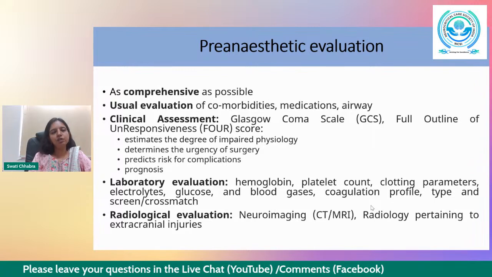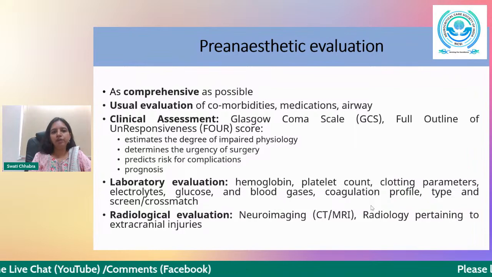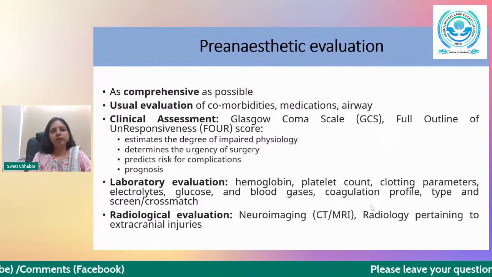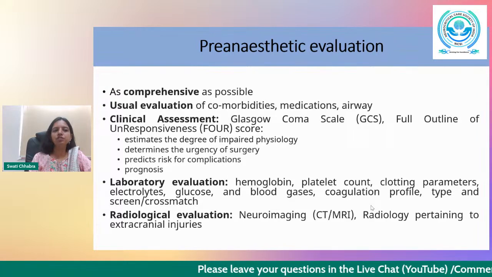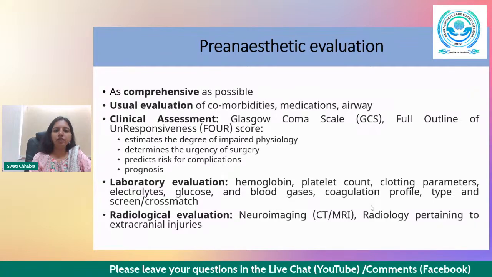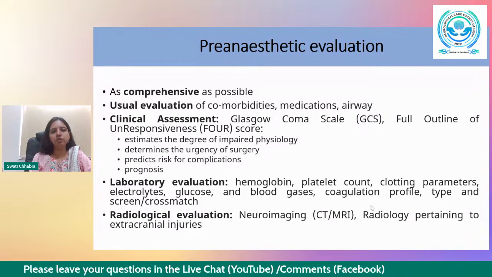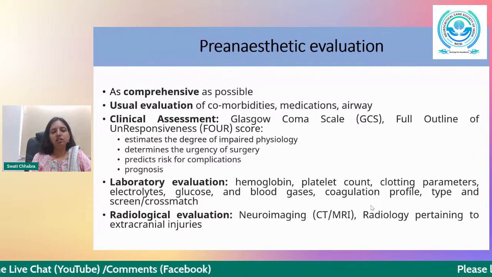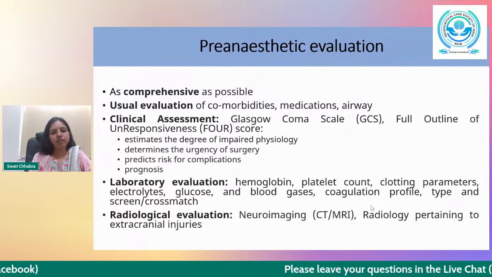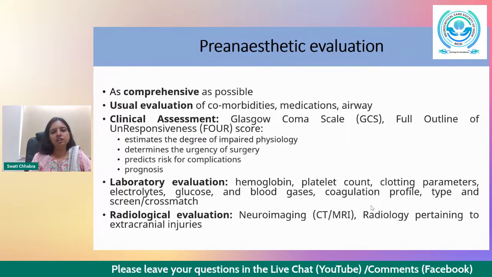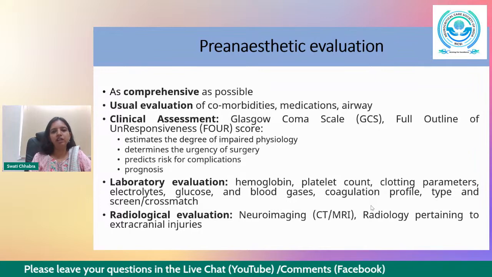Assessment of the clinical severity of TBI helps us estimate the degree of impaired physiology, like autoregulation and other parameters. It helps us determine the urgency of surgery, predicts the risk for complications both intraoperatively and postoperatively, and prognosticates the patient. Laboratory evaluations are still guided and continuously done, and we might or might not wait for the results to get back. But at minimum we can send blood gases and a coagulation profile.